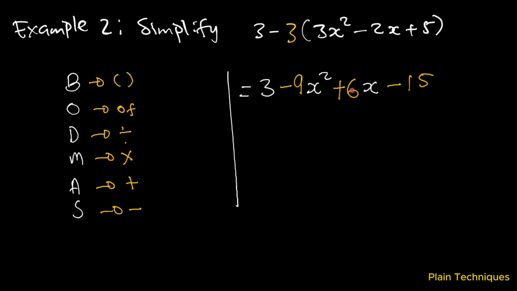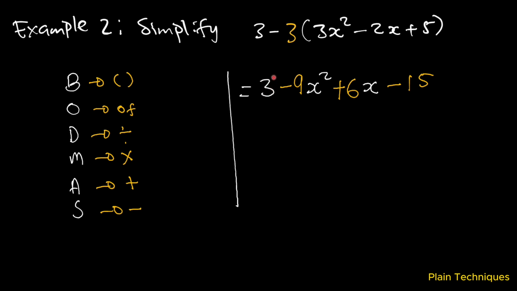So we did get an answer by distributing that 3 into the whole thing that was inside the brackets. Now we need to check if we can simplify further. Do we have like terms? Yes, we do have like terms here.